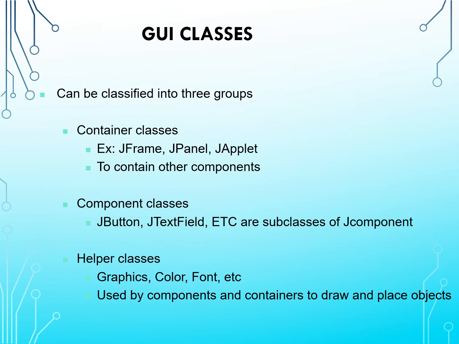The component classes are related to the JButton that we've been using. All the buttons, radio buttons, and combo boxes fall under component classes. And then we have the helper classes. These are related to the graphics part where you want to change the color, font and so on.